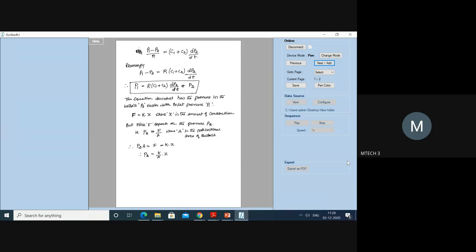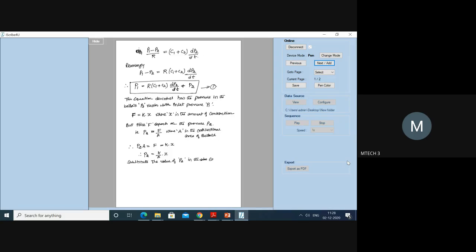Okay. Substitute the value of P2 in equation 1.